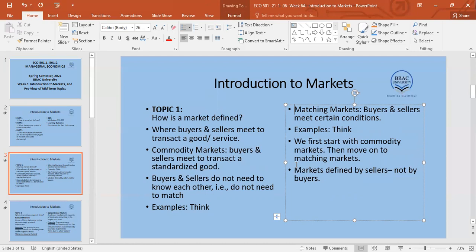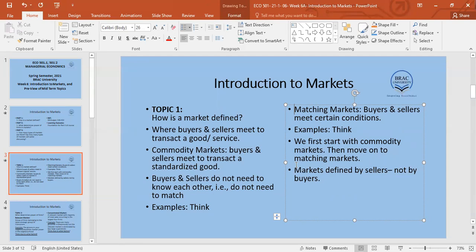At the same time, I can't let anybody apply. There will be certain criteria which applicants have to meet before they can apply. So this creates one type of restriction on entering the market.